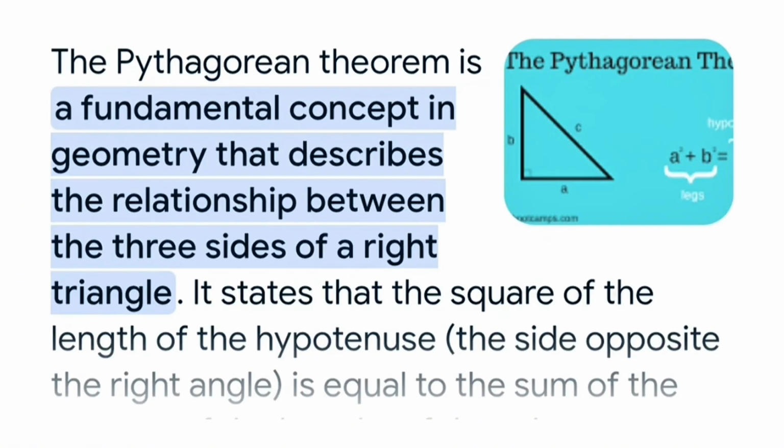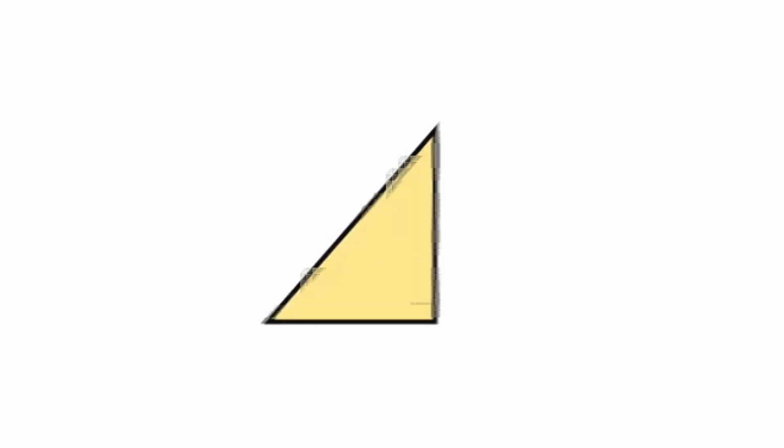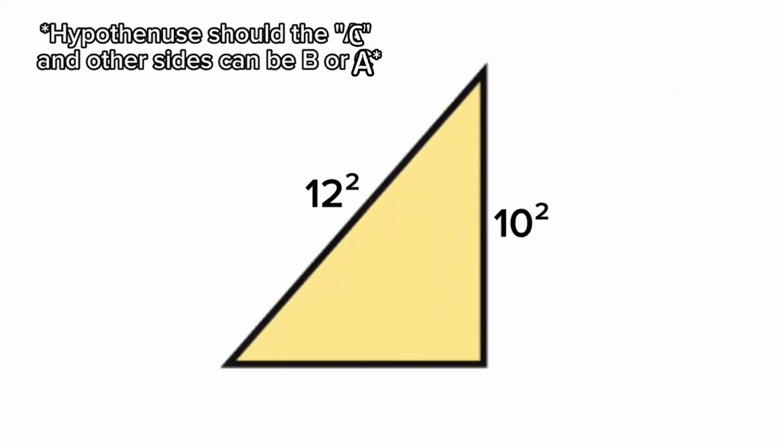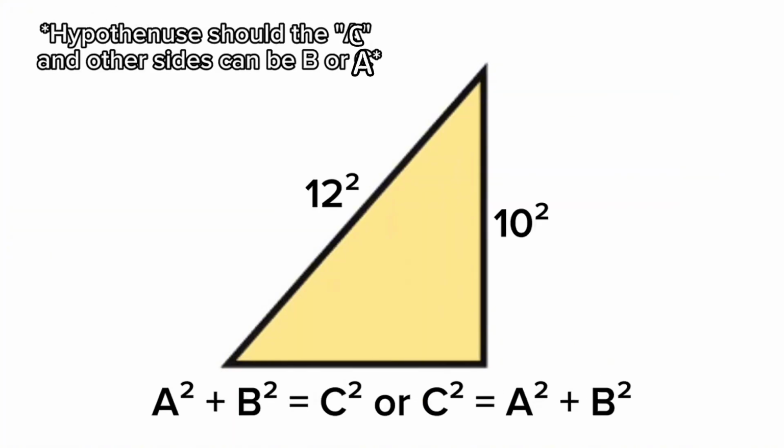Based on the search, it is a fundamental concept in geometry that describes the relationship between the three sides: 12 squared, 10 squared. The hypotenuse should be c and the other sides can be b or a. A squared plus b squared equals c squared, or c squared equals a squared plus b squared.